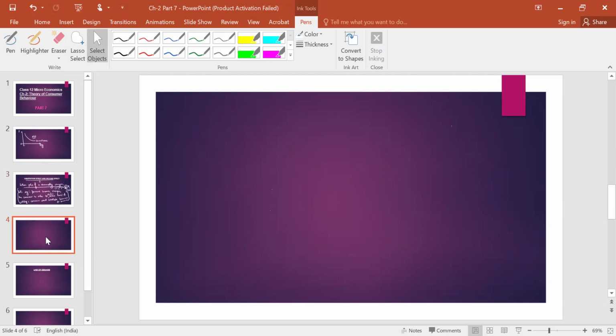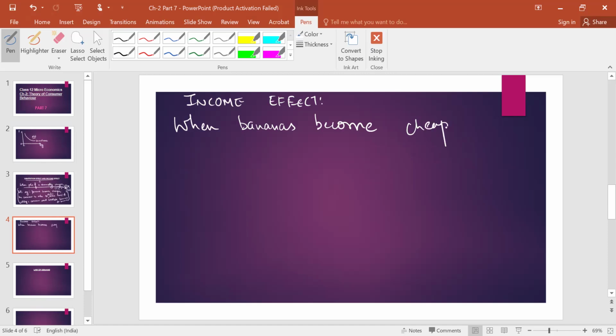Now, what is the income effect? What happens when bananas have become cheaper? This is what we understand as the income effect. When bananas have become cheaper, the consumer's purchasing power has increased.